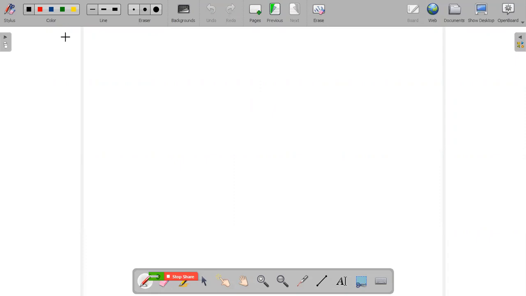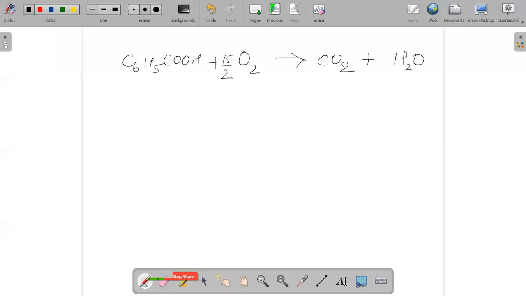Benzoic acid is C6H5COOH, and that is undergoing combustion. So with O2, it will give carbon dioxide and H2O. It is very, very important to balance the equation. Hence, it should be 15 by 2 O2, 7 CO2, and 3 H2O.